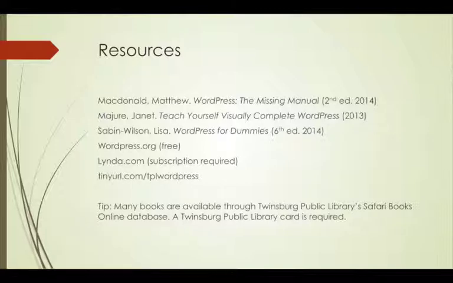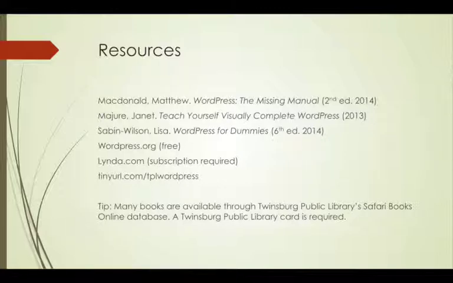If you are an Ohio resident, you can get a card here at the Twinsburg Public Library. It doesn't matter where you live in Ohio, you just have to live in Ohio. You can get the top 3 books on this list freely available through the Safari Books online database. You can get them anytime, anywhere. You do not have to worry about them being checked out. They're always there.